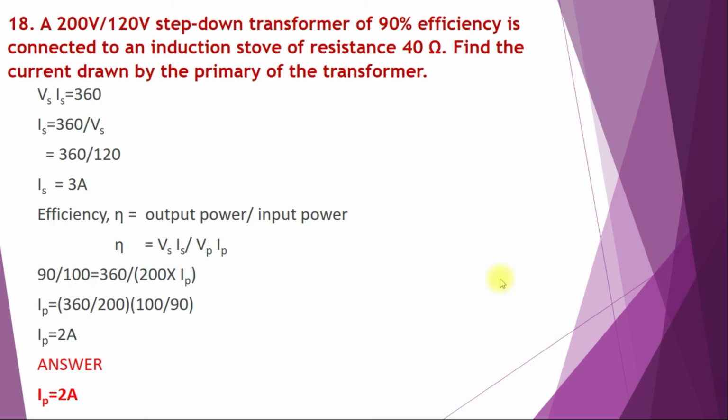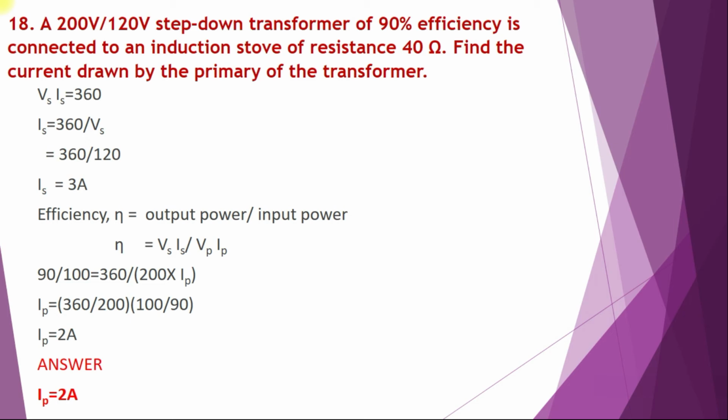Now Vs into Is is equal to 360. So from this formula we can find the value of Is, which is equal to 360 divided by Vs. Vs value is 120, which is given. So Is is equal to 3 ampere. The efficiency eta is equal to output power divided by input power. So eta is equal to Vs Is divided by Vp Ip.